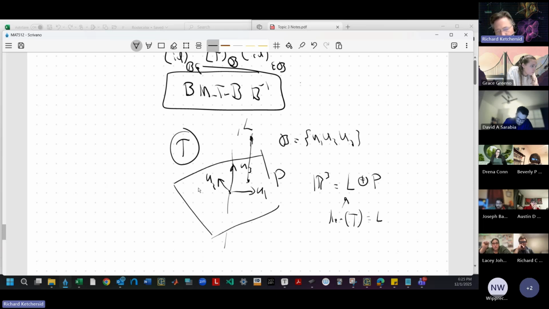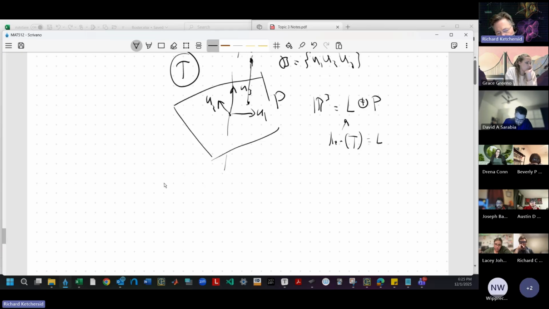And what happens to points on the plane is they just sit there and do nothing, right? They're just fixed, right? So if you want to come up with the matrix of T with respect to this basis B, and I have it in this order, so U1 and U2 are just fixed, right?